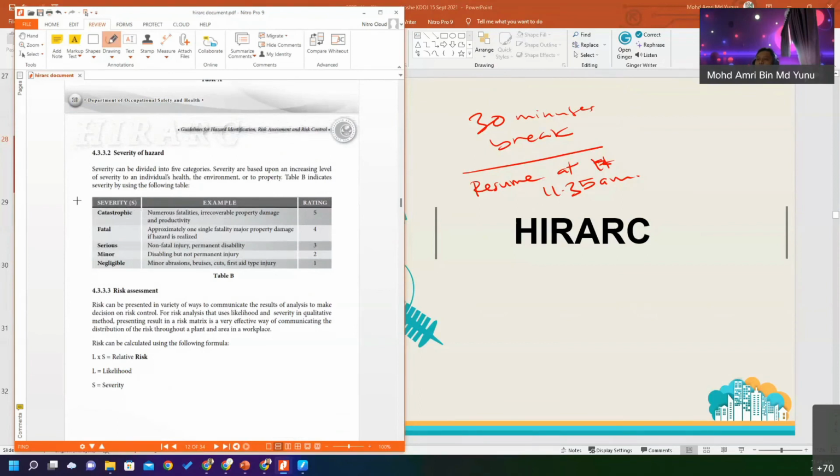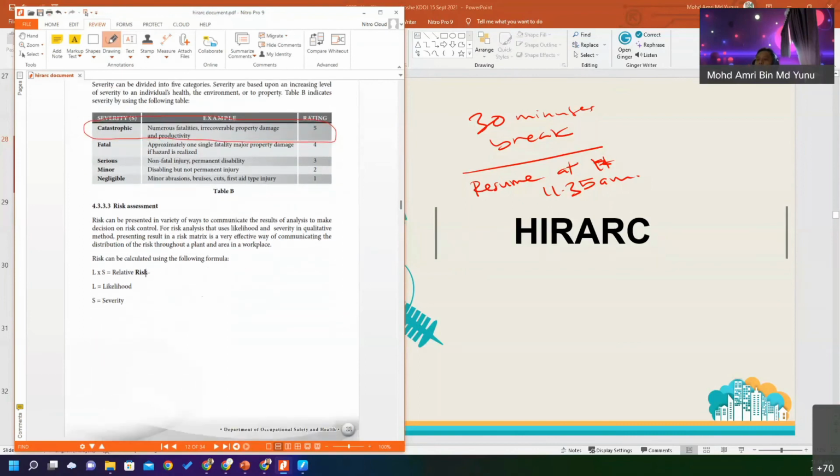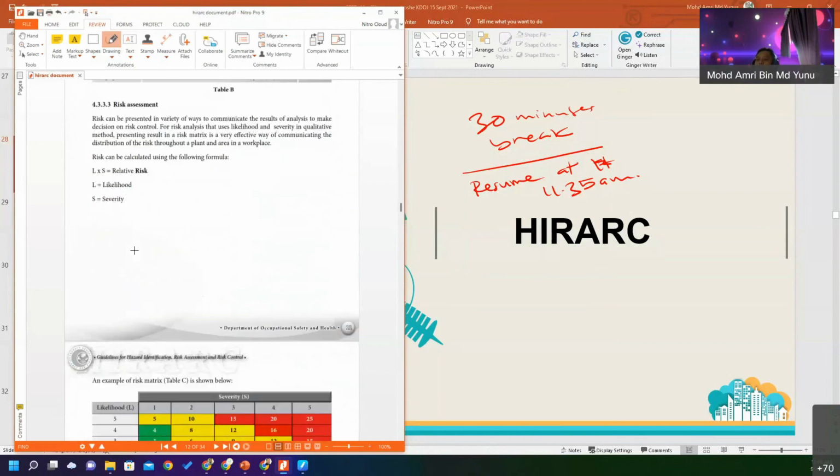Usually we don't put 5 unless it involves the national level. Fatal, we put 4. Serious, we put 3. Minor and negligible. So risk can be calculated by using the formula.